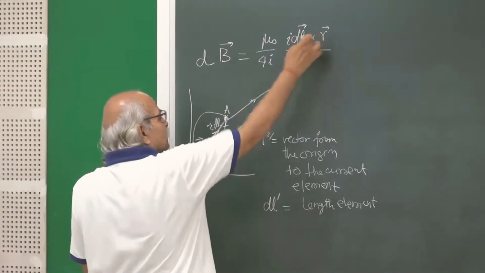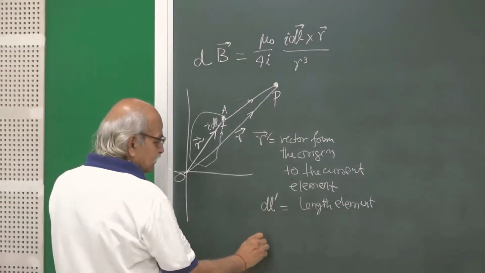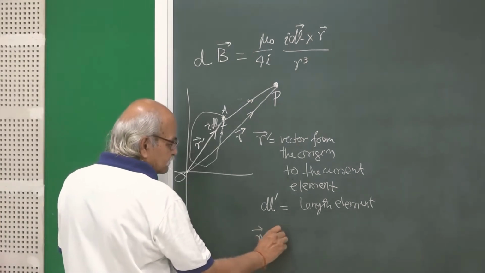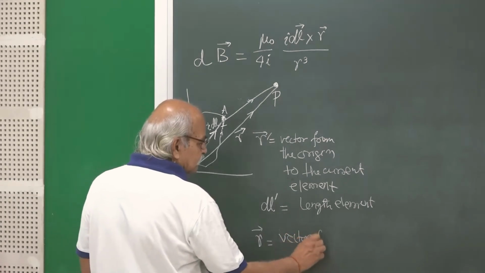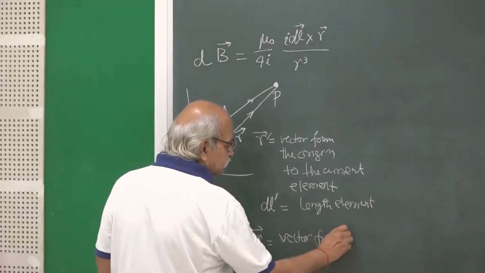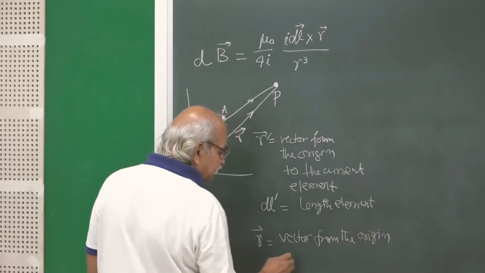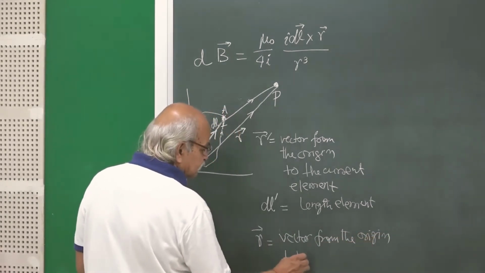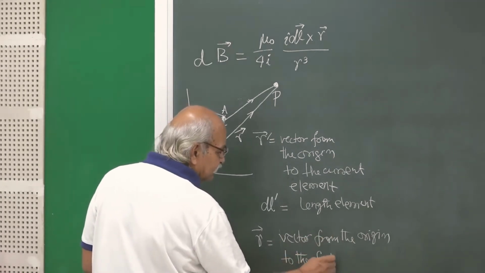This r is not this r. So, this r vector we write for the position vector from the origin to the field point, the point where field is needed, we call it field point.